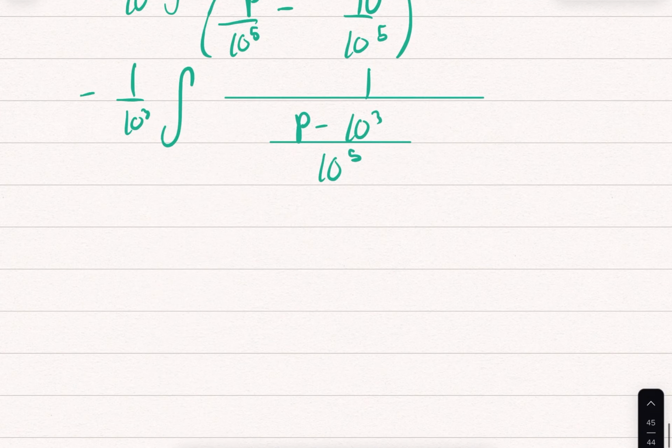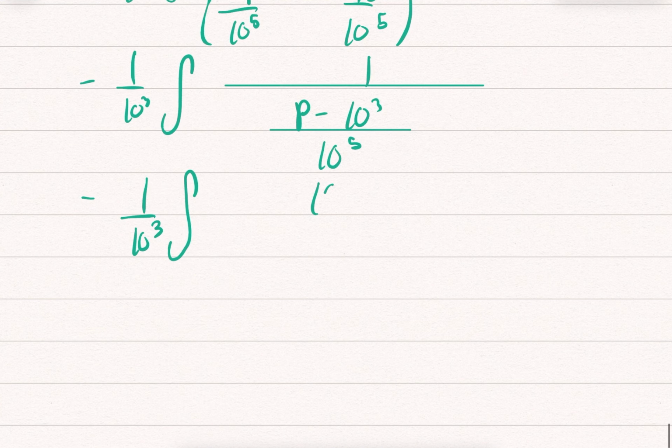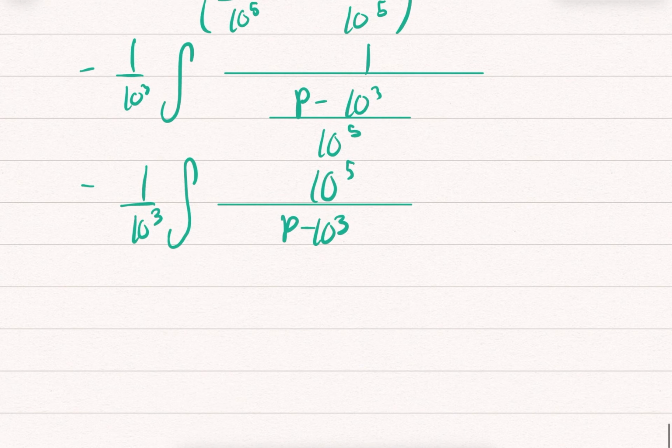All right, so now what we have here, minus 1 over 10 cubed. And I promised you guys full solutions, so that is what I will deliver. Over P minus 10 cubed. Okay? So now we're cool. So now we have 1 over 10 squared, and you're going to really like that in a second. You'll see why. Over P minus 10 cubed.